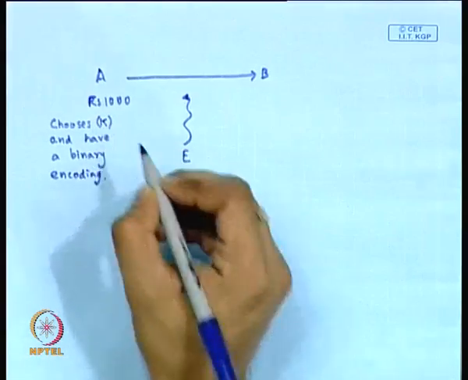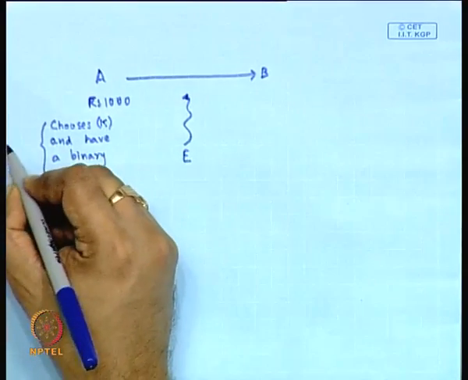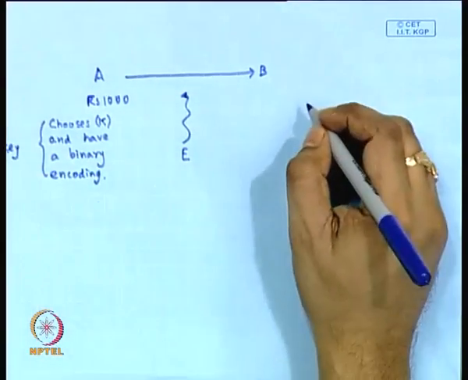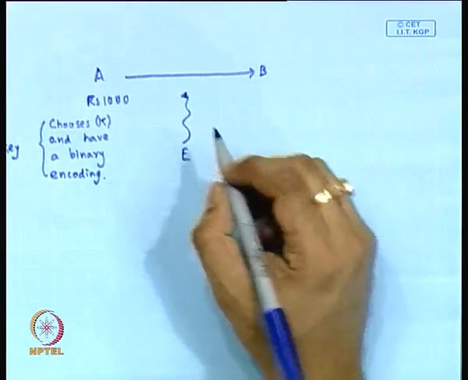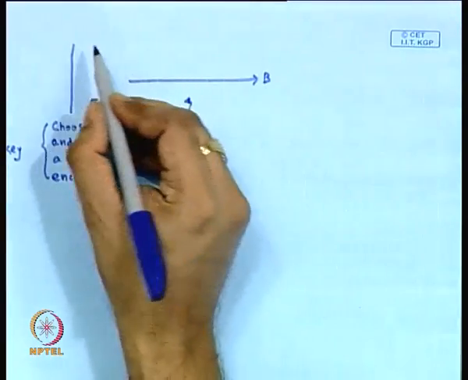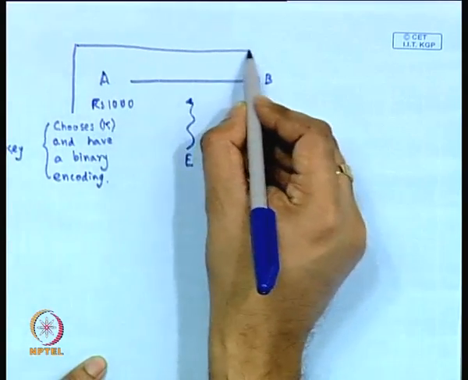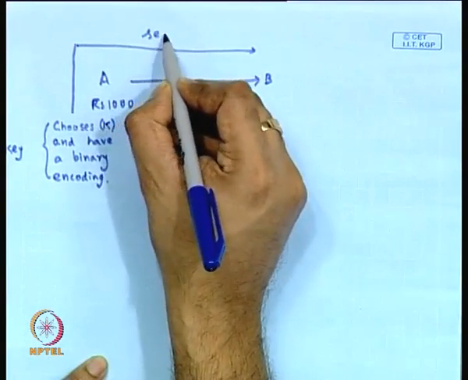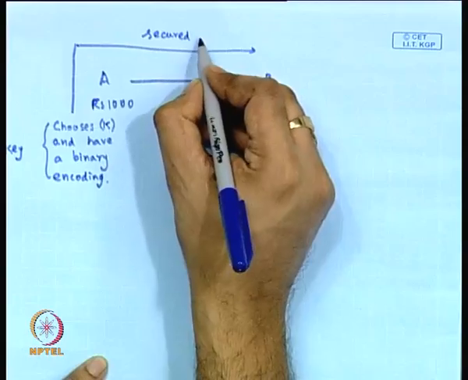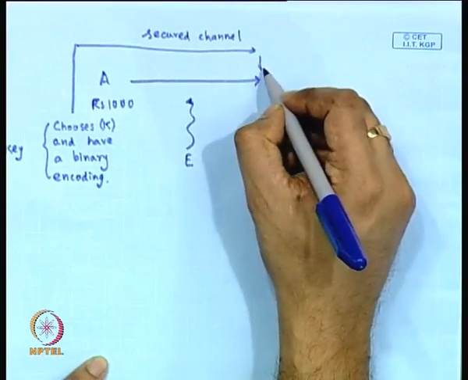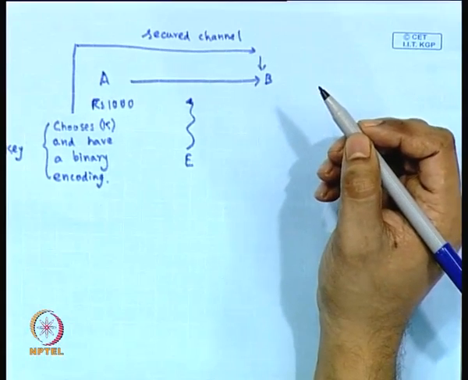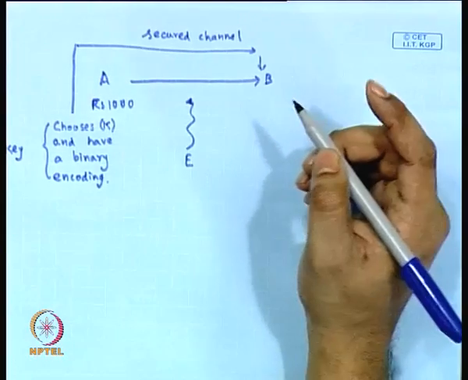This is nothing but a key which Alice generates and communicates to Bob through a secure channel. Imagine that there is a secure channel through which Alice communicates this information to Bob, and it is used only once in the transaction.